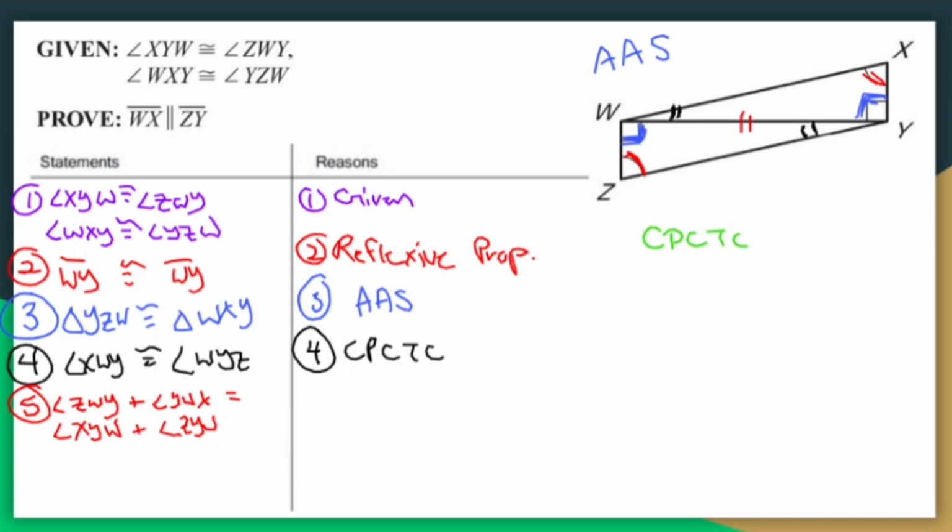And the reason for that is a bunch of substitution that I did up here without doing a whole bunch of substitution. So my reason for that is the substitution property.